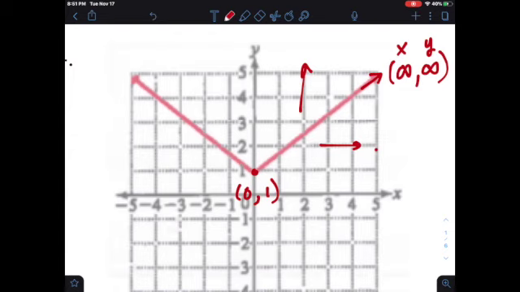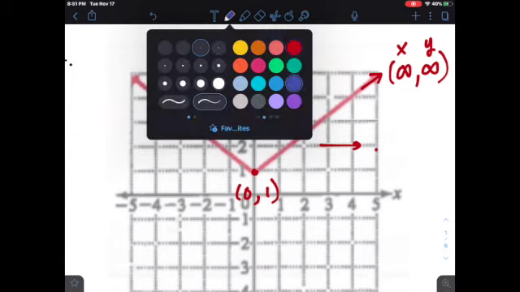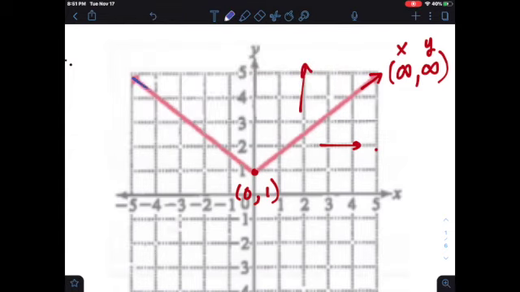Okay, then I'm also going to label this one, this arrow right here, and that's going to be going towards x this way. That's going to be negative infinity, and going up this way, that's positive infinity for the y. So that's x and that's y.